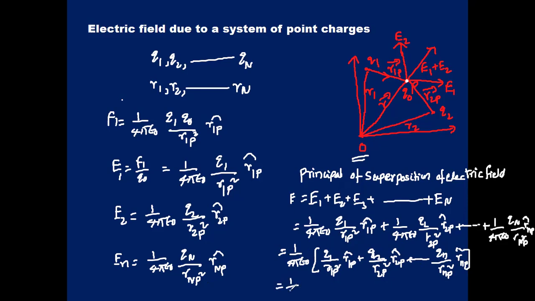Hence, commonly we can write 1 by 4 pi epsilon naught into summation sigma i equal to 1 to n of Qi by RiP square into RiP cap. So this is the electric field due to n number of charged particles in a system.